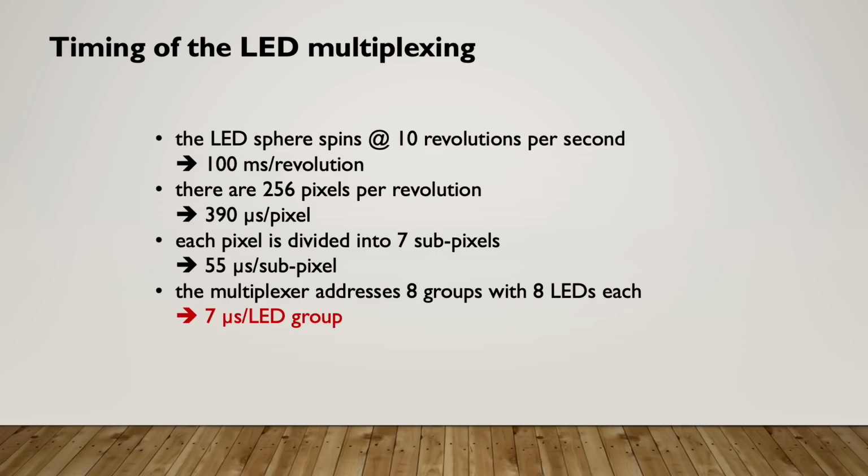Each pixel is divided into 7 subpixels, so the time per subpixel is 55 microseconds. And within that short time, 8 LED groups, each consisting of 8 LEDs, have to be addressed. That gives us 7 microseconds per LED group. As you can see, the control of the LEDs has to happen extremely fast.